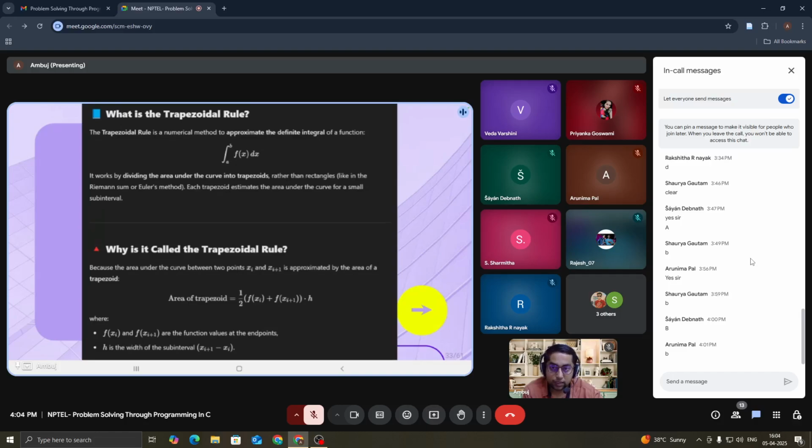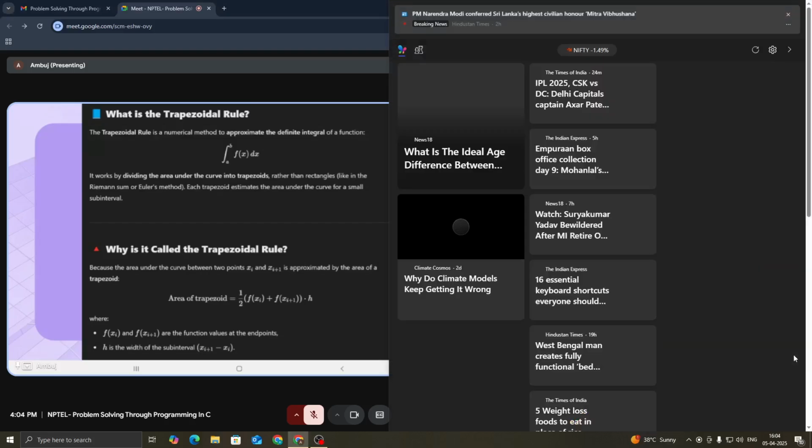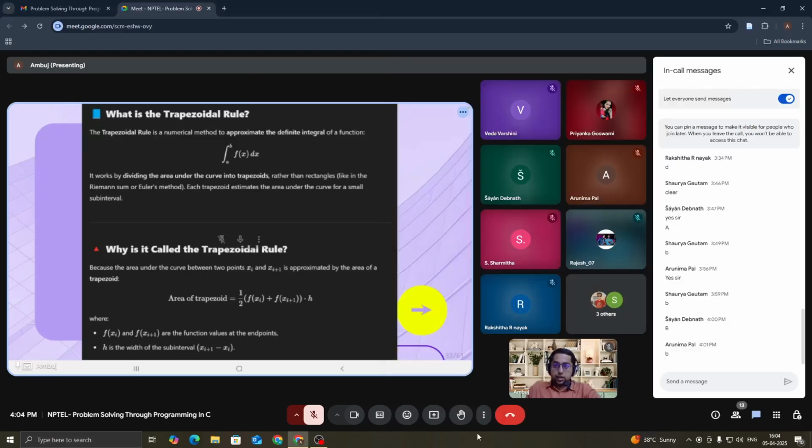It works by dividing the area under the curve into different trapezoids rather than rectangles, like in the Riemann sum or the Euler method.